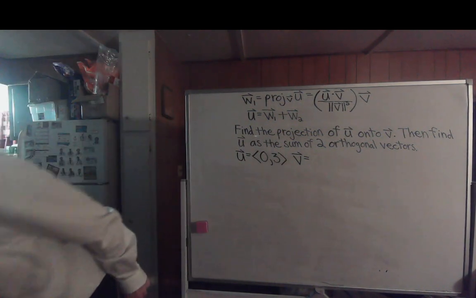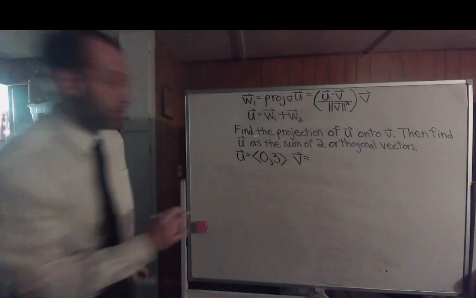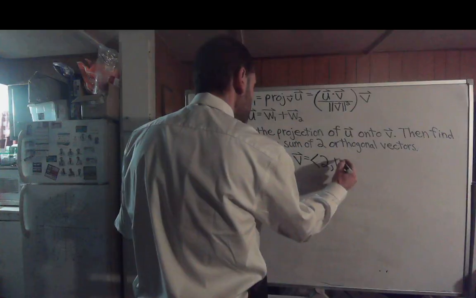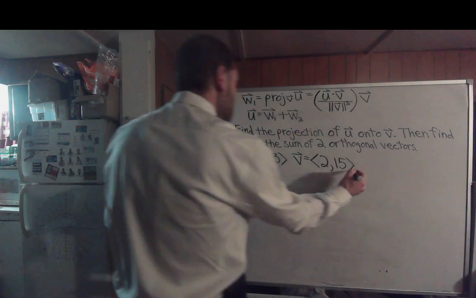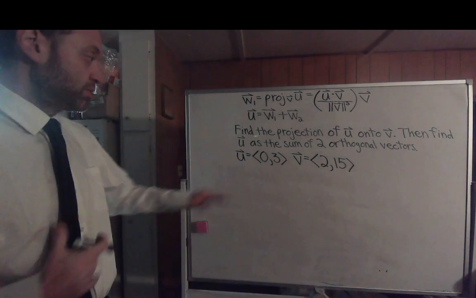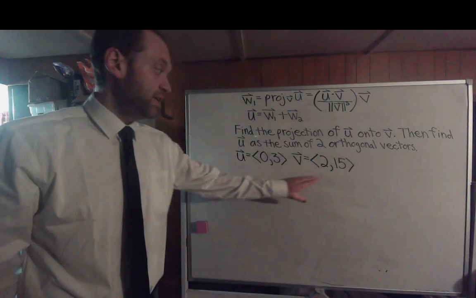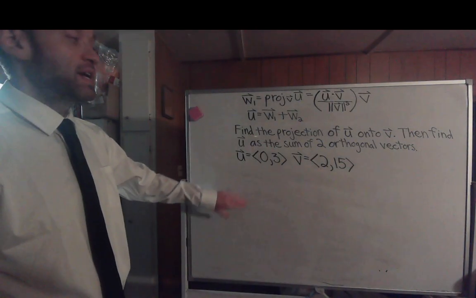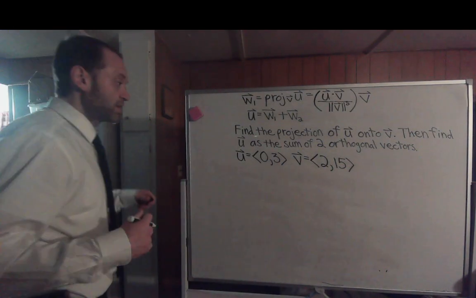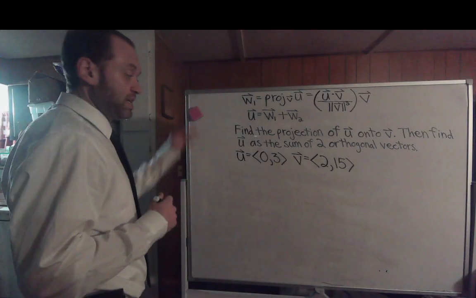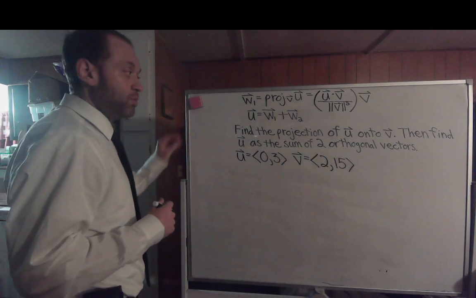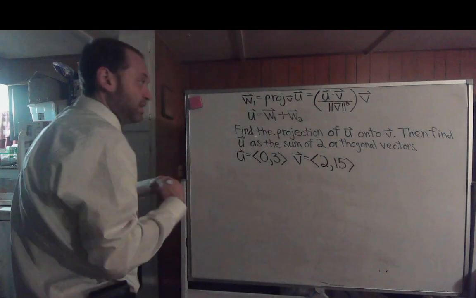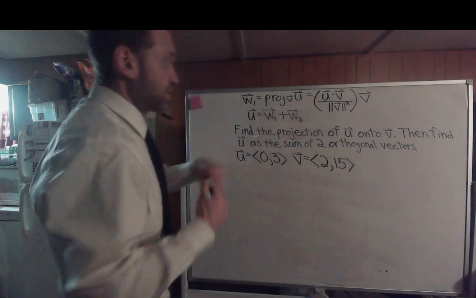Vector v, wow, big jump, 2, 15. We want to take vector u and find it as the sum of two orthogonal vectors. So first we need to find vector w sub 1 by finding the projection of vector u onto v. So let's find the dot product of u and v.